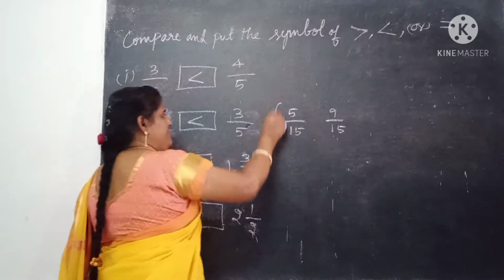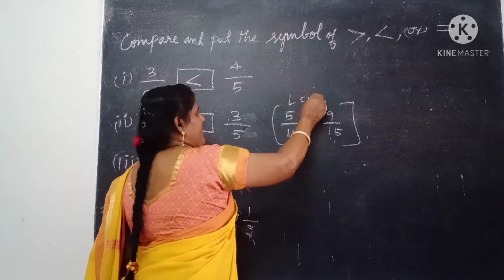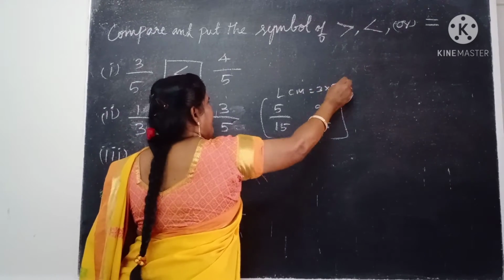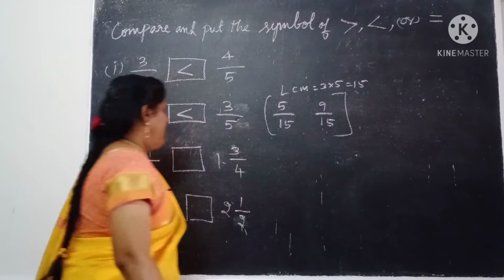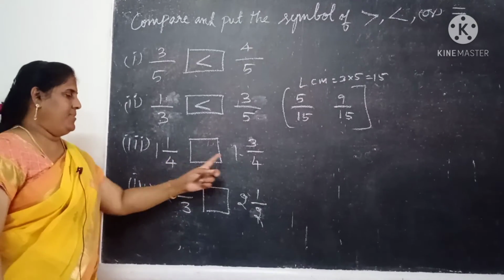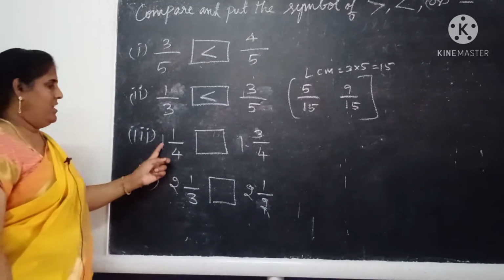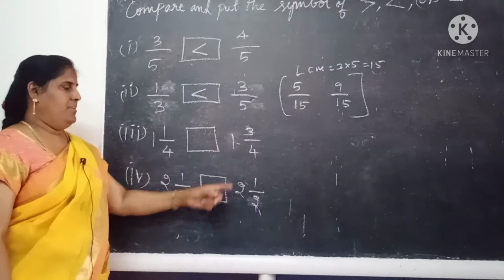Next one. See, here mixed numbers are given: 1 1 by 4 and 1 3 by 4.